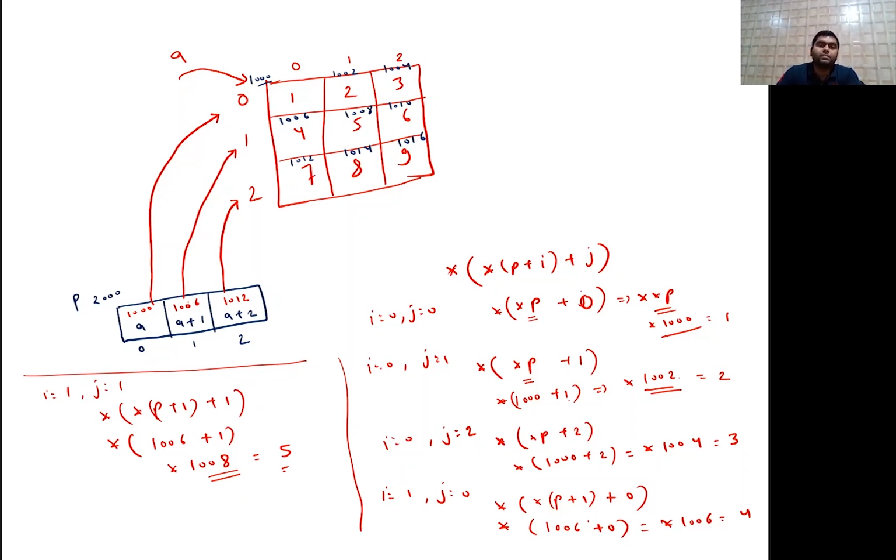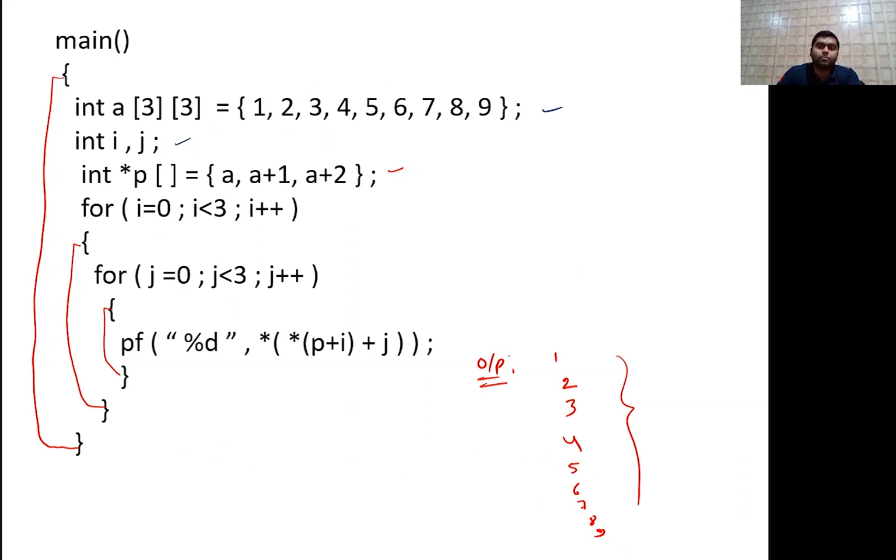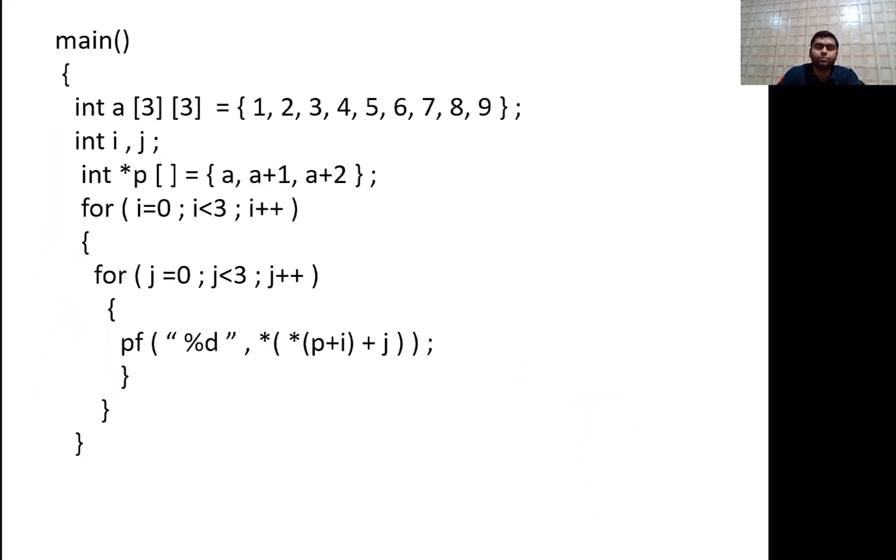So I hope this is clear to you. This is the basic program, and we already covered a lot of things related to arrays and pointers. Those who still have doubt, my simple suggestion is to go to the previous lectures in which I covered all these contents. Then it will be clear to you.